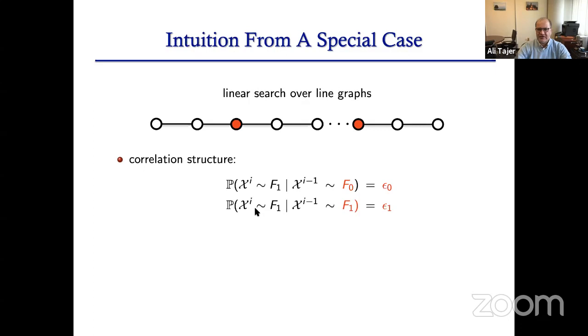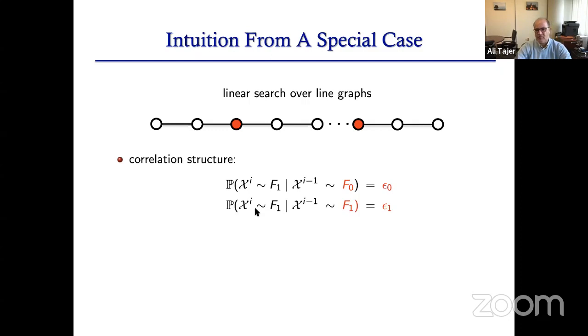Let's say that we have a graph network and we have the following dependency structure among the distributions of different nodes. So the distribution of node i will be F1. The probability of node i being F1 depends on the distribution of its preceding node in the graph.